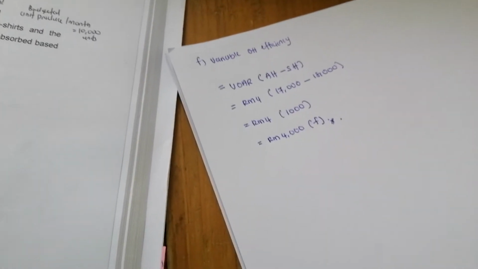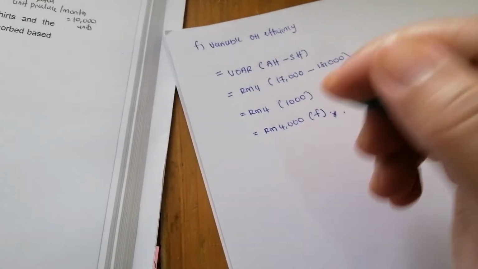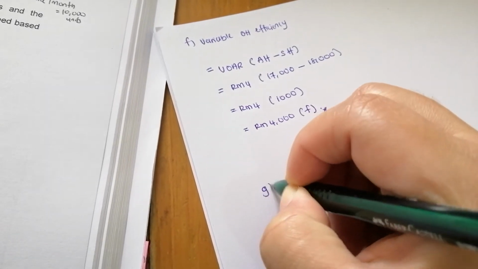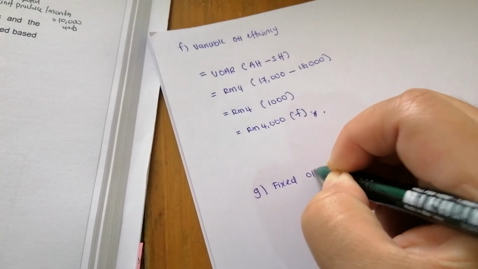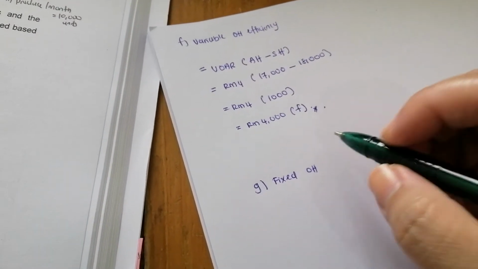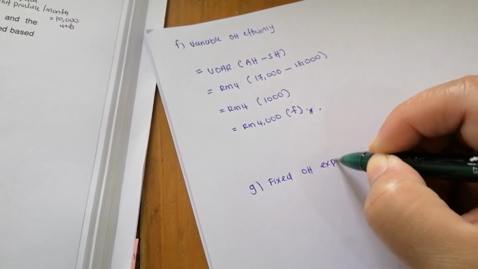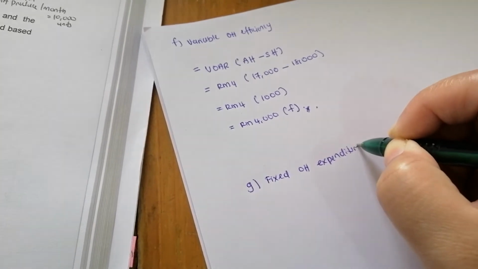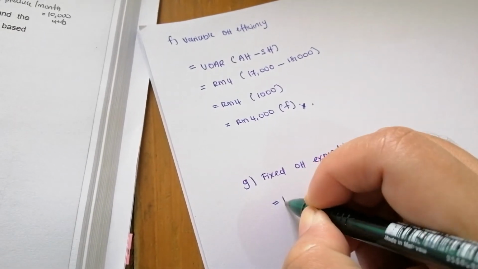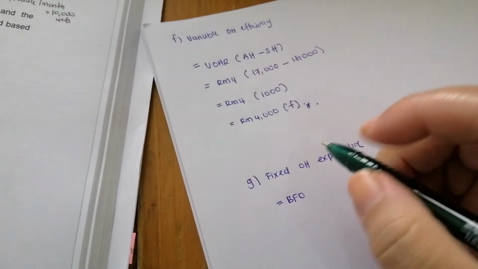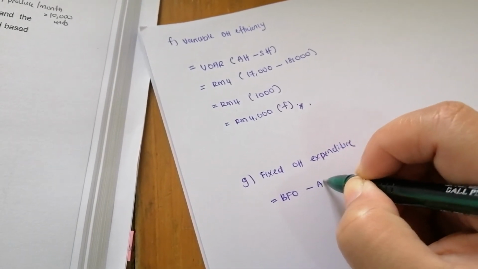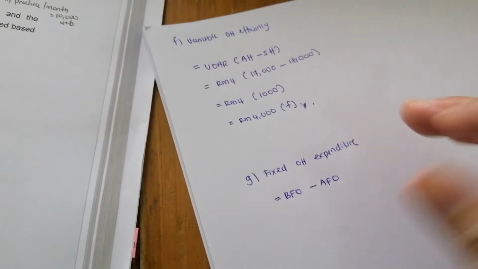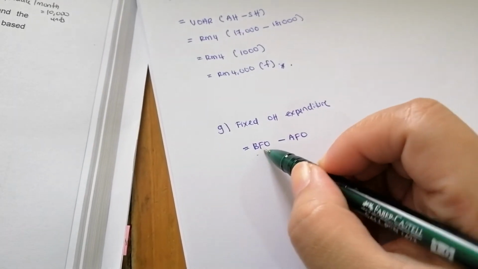Next, the question asks you to find the fixed overhead expenditure. So the formula is BFO, the budgeted fixed overheads, minus the actual fixed overhead. So how are you going to find the BFO?